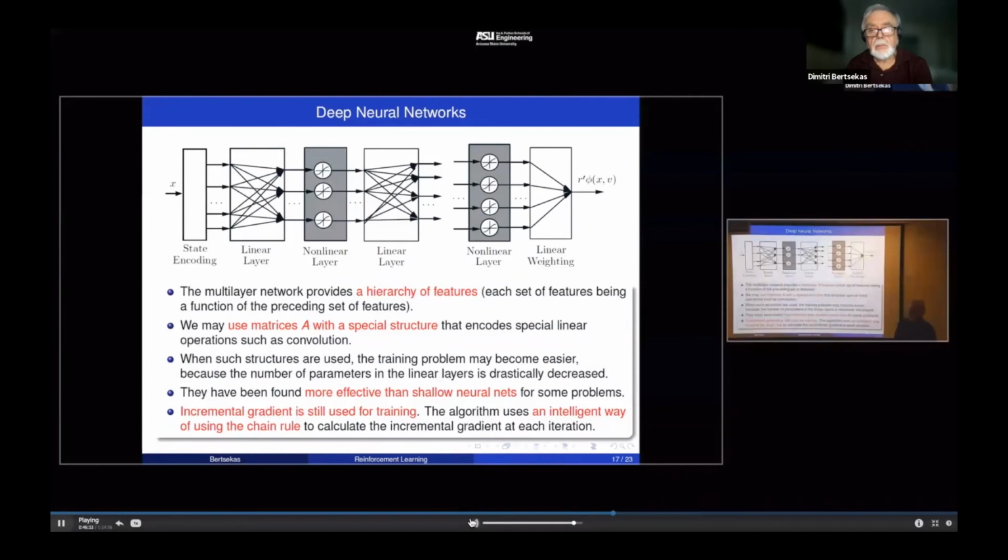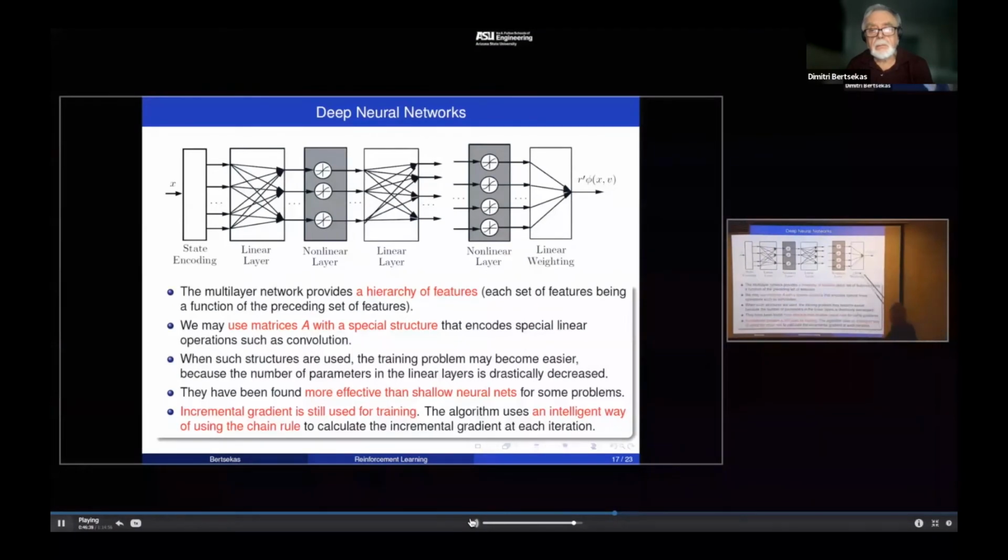And there is a clever way to use the chain rule called backpropagation, which gives you the gradient of this least squares term with respect to the parameters of the layers.